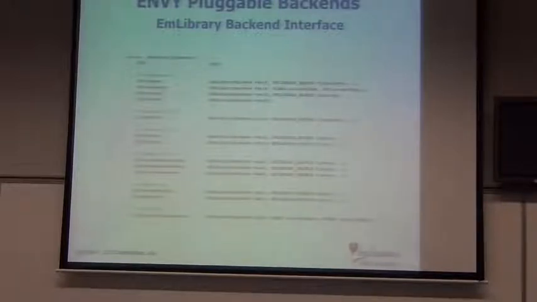First, this model for pluggable backends is from libgit. If you've looked at the implementation of libgit, you can have multiple ways to store the Git repository, such as in a database or other mechanisms. This is the model they use for that backend storage pluggability.